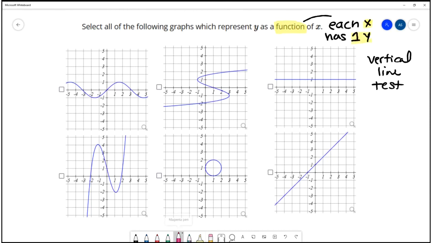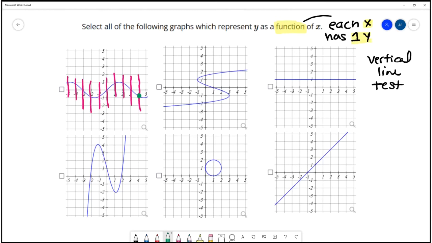So what we do is we look at our graph and we draw vertical lines. And as we draw those vertical lines, we're going to be paying attention to the intersection points. How many times does that vertical line intersect the graph?